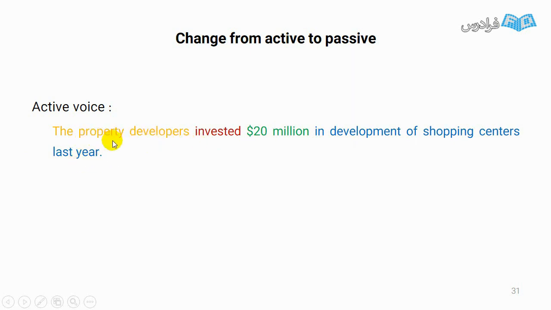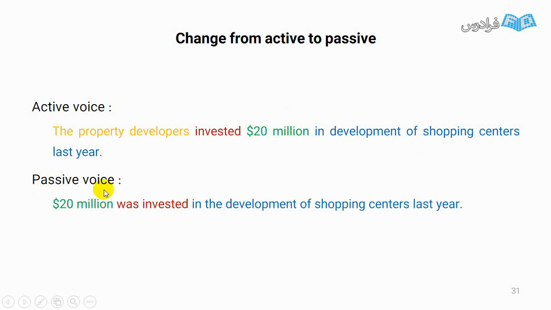This one is your subject and a verb, and the green one is an object. But what happened in passive voice? There isn't any subject. But passive voice can include the subject when the subject is really important and is worth mentioning. We can exactly mention it.